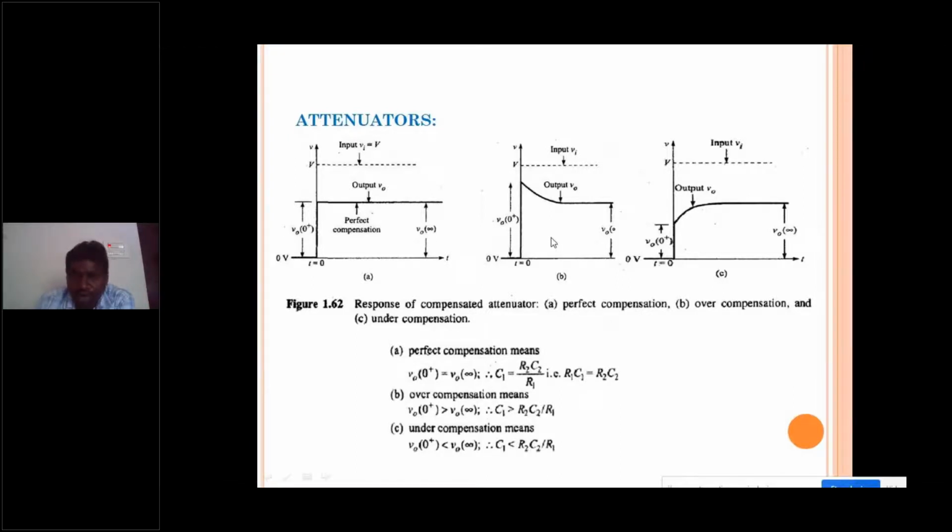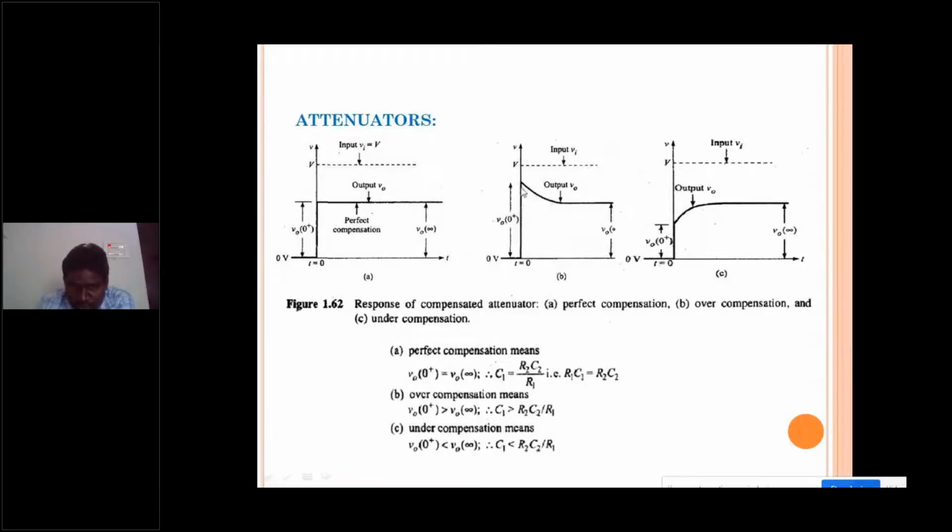But in case you are not maintaining the balancing condition in the circuit, which means you are connecting C1 in such a way that the C1 value is greater than R2 C2 by R1, then there exists overcompensation like this.